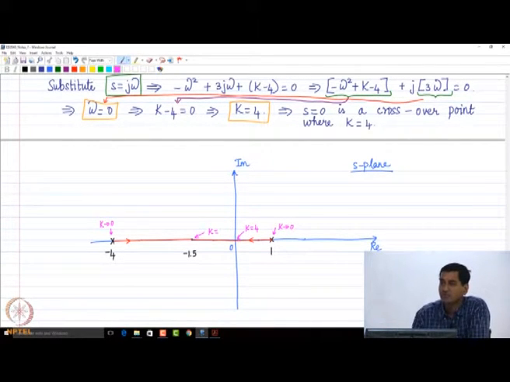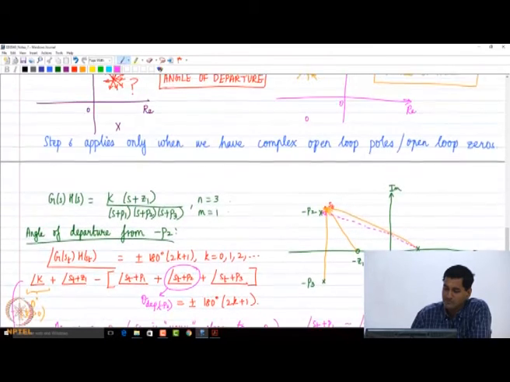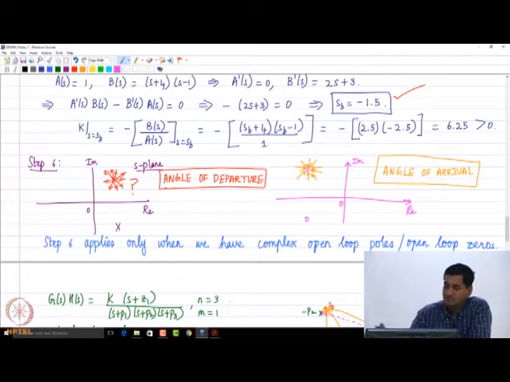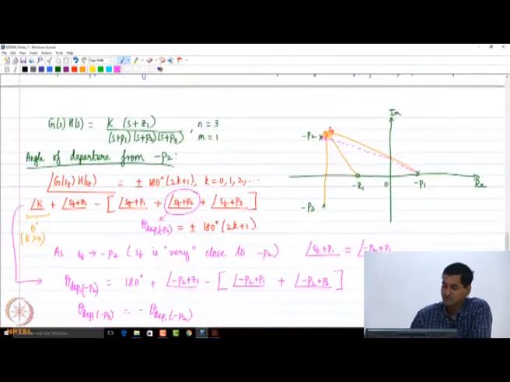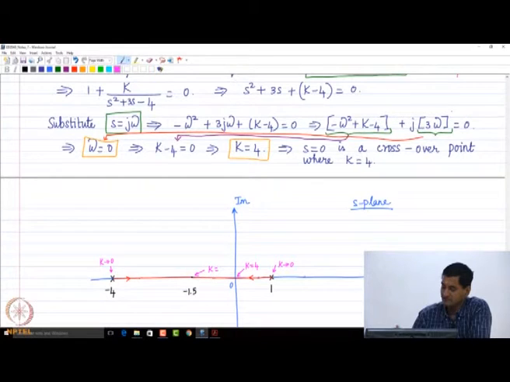If you go back to step 4, at the breakaway point, what was the value of k that we calculated? So, it was 6.25, okay, that is what we can see, right. So, it was 6.25. We need to essentially mark that.